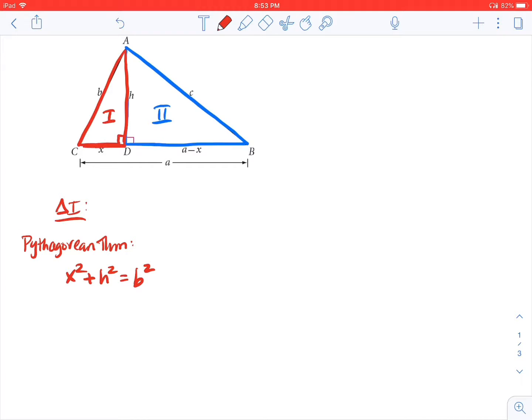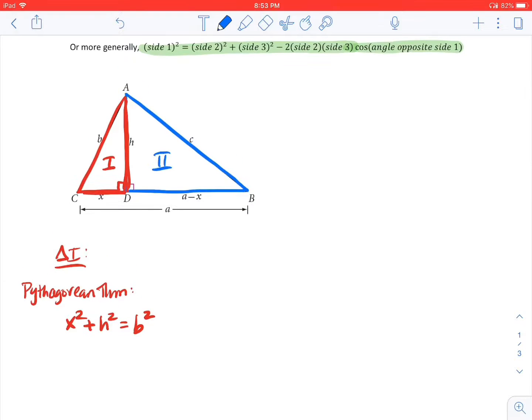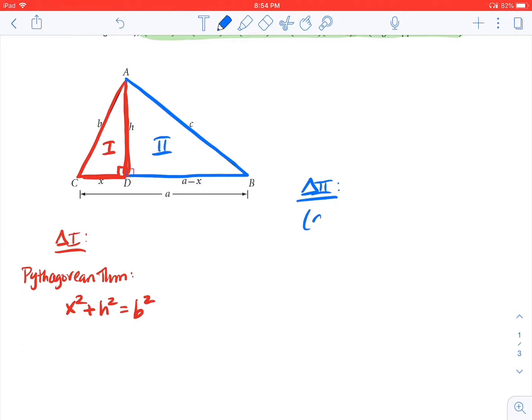That is, this side length squared plus the altitude squared is equal to b squared for that red triangle. And I can make a very similar statement for triangle 2: a minus x squared plus h squared is equal to c squared.